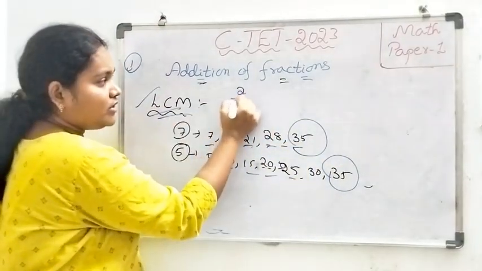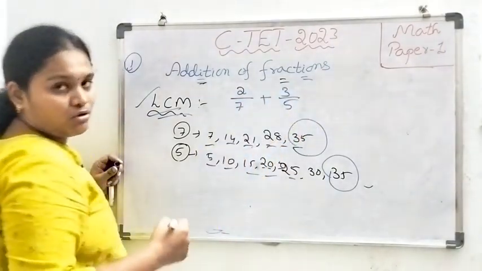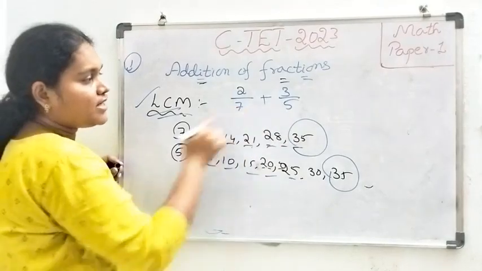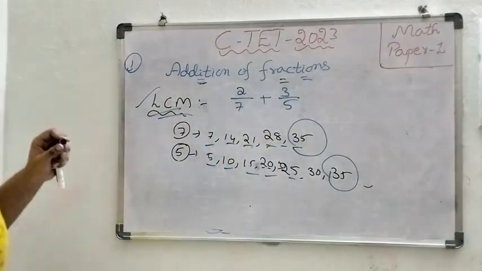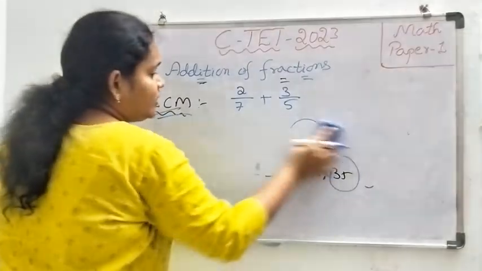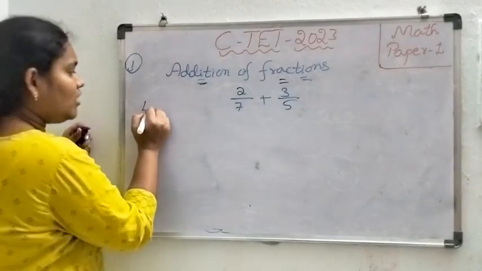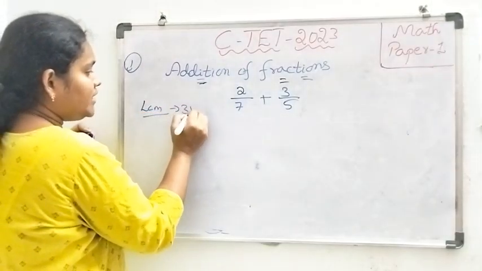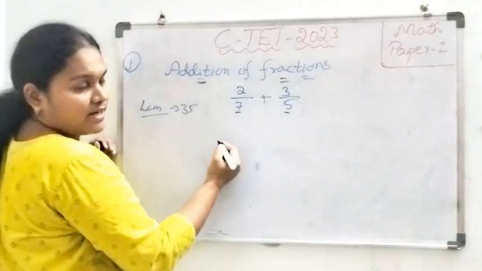So now here, the question we have chosen is 2 by 7 plus 3 by 5. Now we should do the addition of these two fractions. Now we got the LCM as 35. Now we have to make the denominators equal by taking the LCM. Now we have to make 35 in both the denominators.